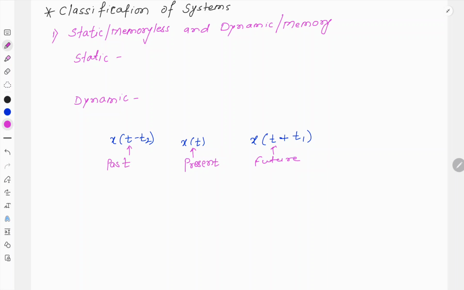So we must remember these equations, and based on this we can define the system or classify the system as static and dynamic. So here a system is called static system if the output of system depends on only present input.